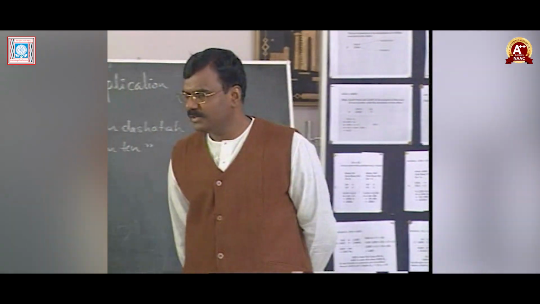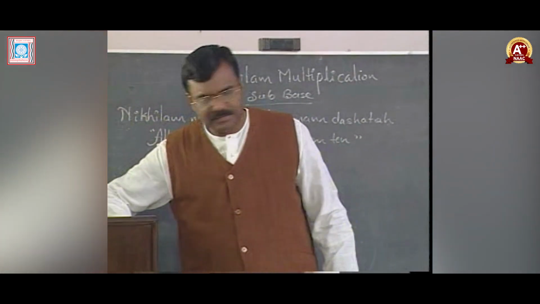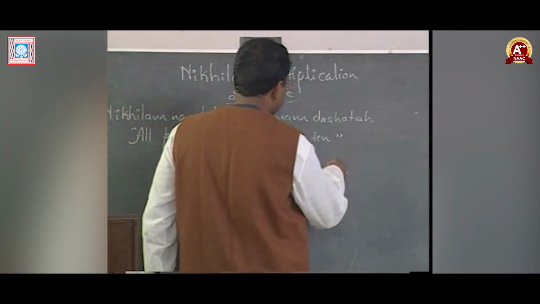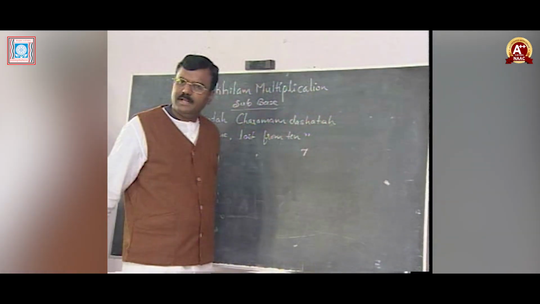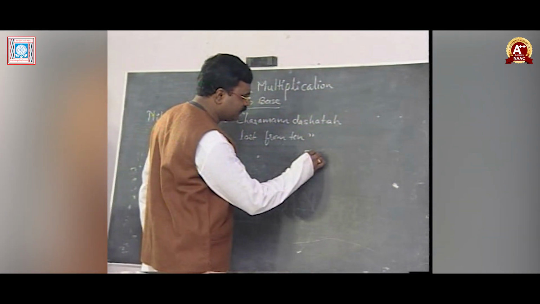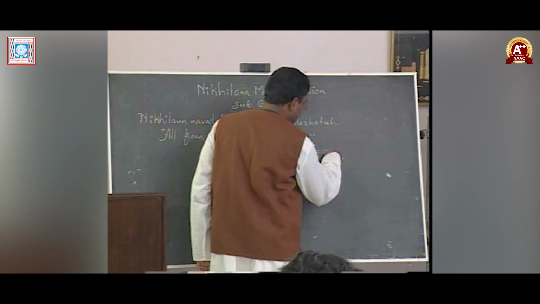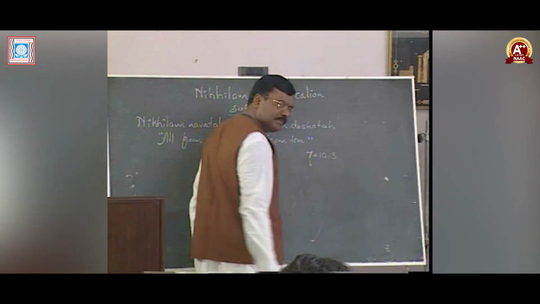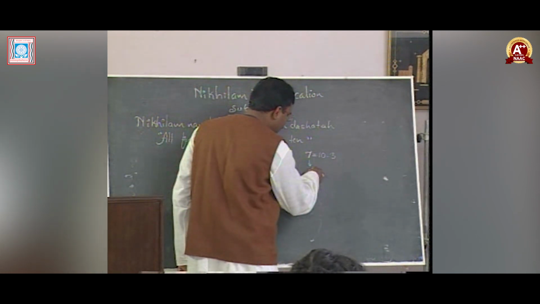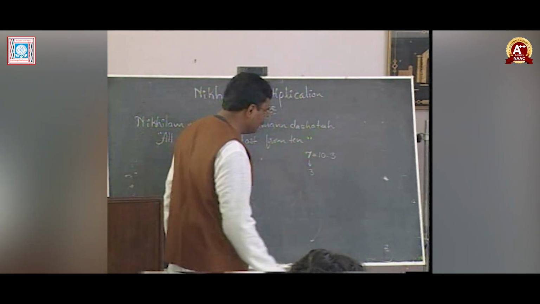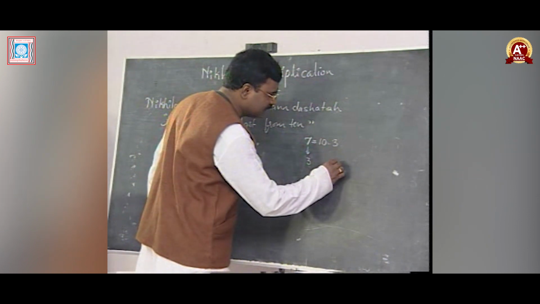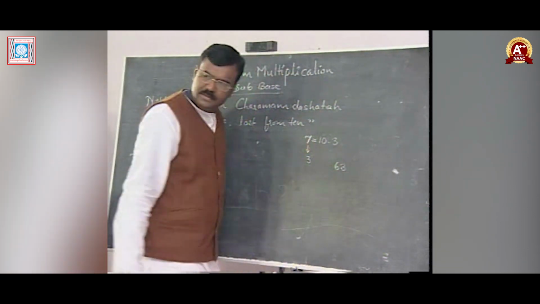If you want to find the deviation of 7 from 10, how much will you get? 3. That means this is in the unit place only. Hence 7 from 10 is 3. Suppose it is 63.